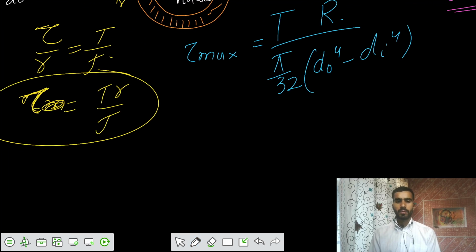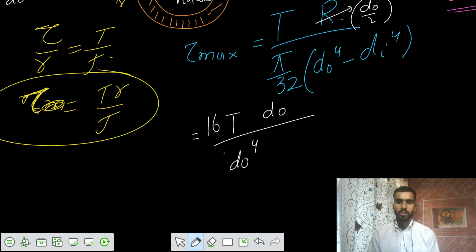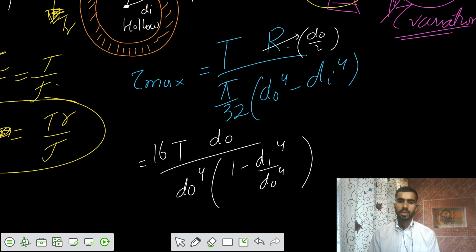Now if you simplify it further, the value of r would be d outer by 2. If you take that, I can write 16 times d outer divided by d outer power 4 times (1 minus d inner power 4 by d outer power 4). So you got this part.